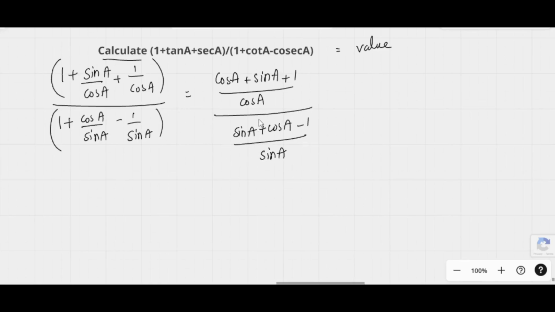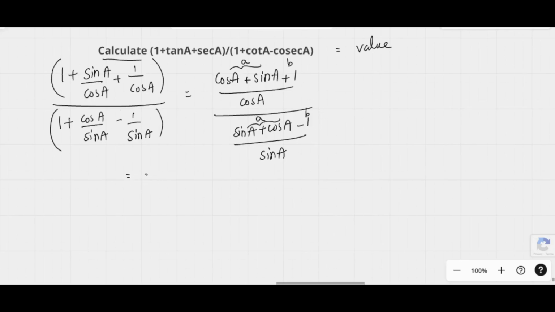Let us bring this complete denominator to the numerator. Why am I doing this? Because this is a term and this is b, and this is also a, sin A plus cos A, and this is b. It is in the form of a plus b into a minus b, so we can do a square minus b square. So I just want to bring the complete denominator to the numerator.